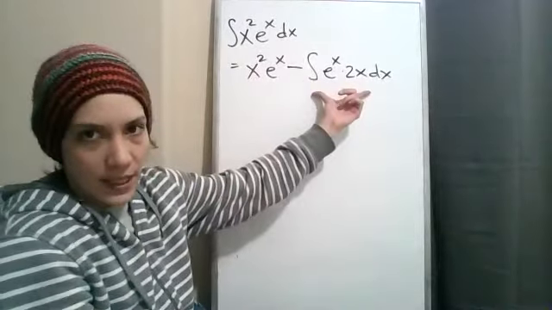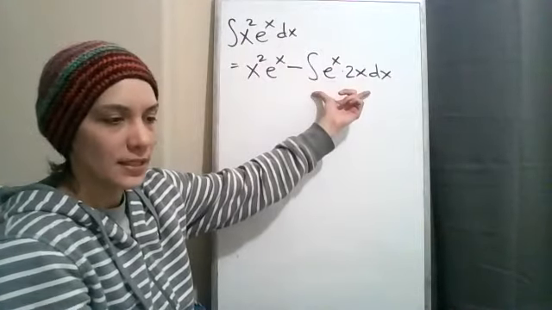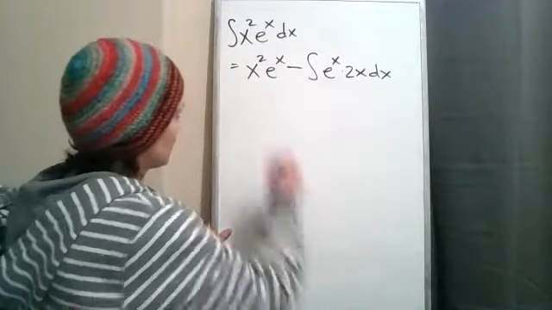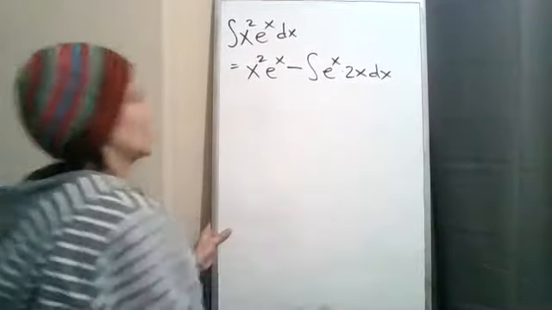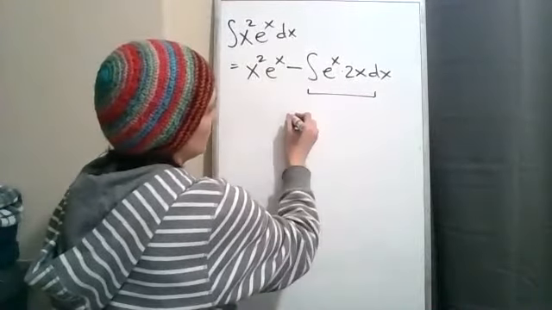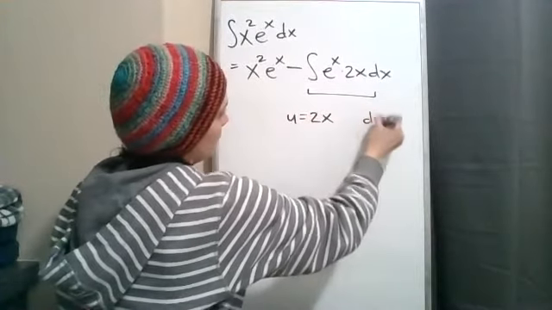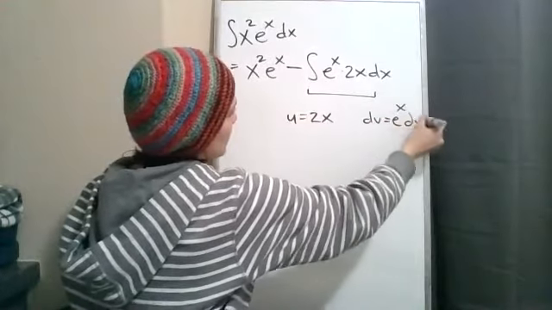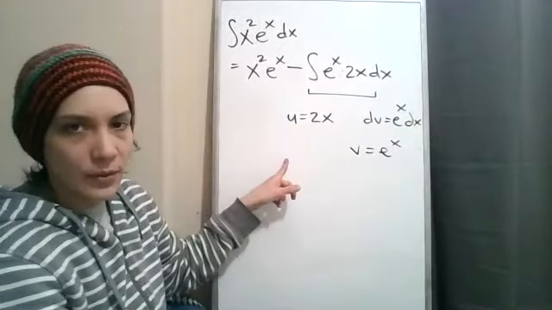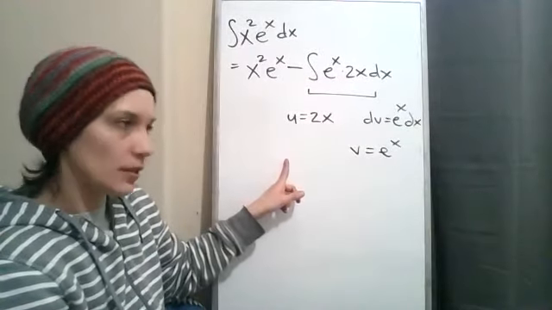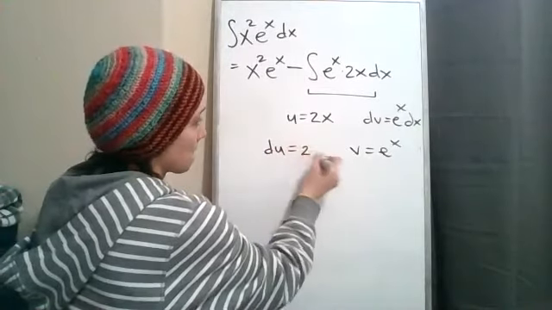And by parts again, we'll jump to that later. Just go over here. dv is e to the x dx, u being 2x, and this derivative would give you du equal to 2 dx.